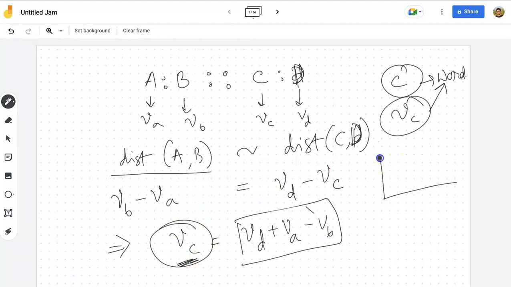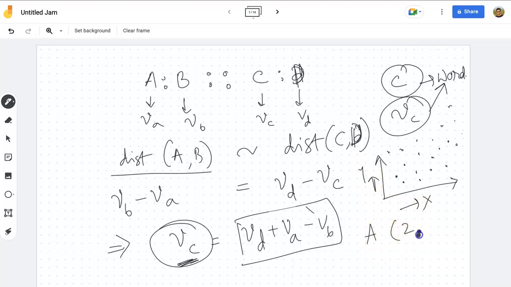Suppose this is your embedding space, and these are the words in the space. I just draw it like a 2D embedding plane, so this is the X and this is the Y. Suppose each word is represented by two dimensions.